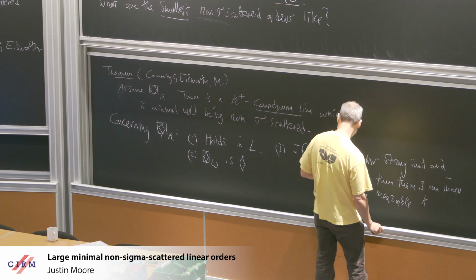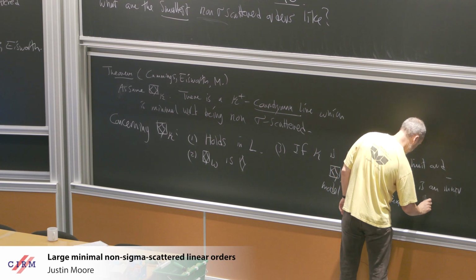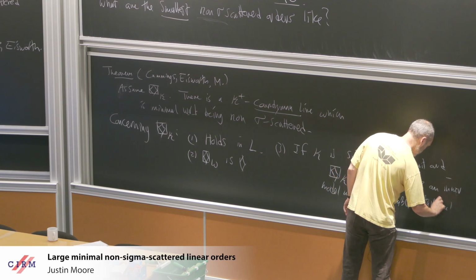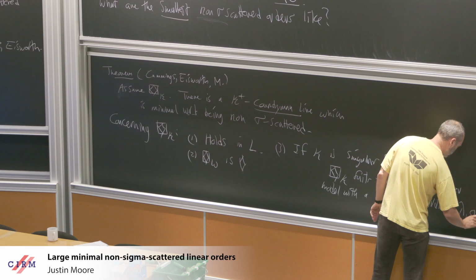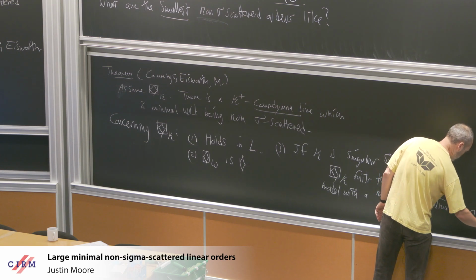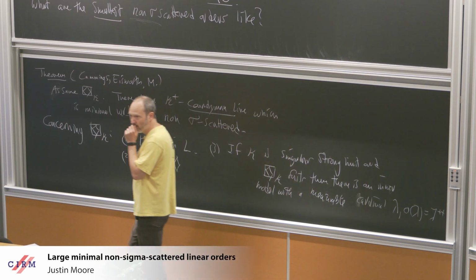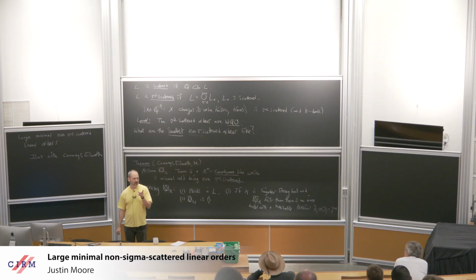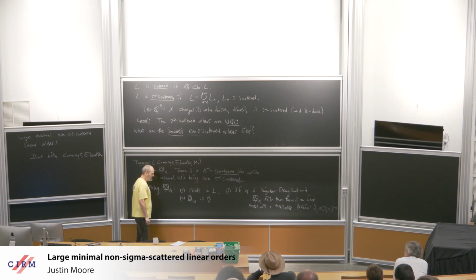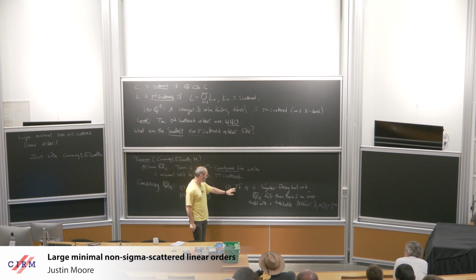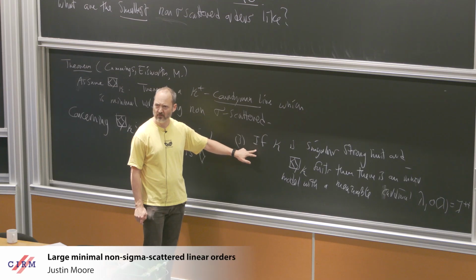I think it's actually the same kappa, measurable cardinal. Let's say lambda with O of lambda equal lambda double plus. Am I remembering, James? Am I getting this part right? Yeah, I think so. Okay. And this last part is really a result of Asaf, Rinot, and Ralph, I think.